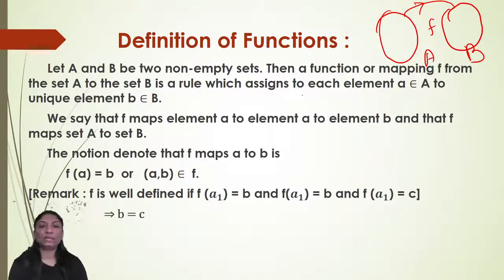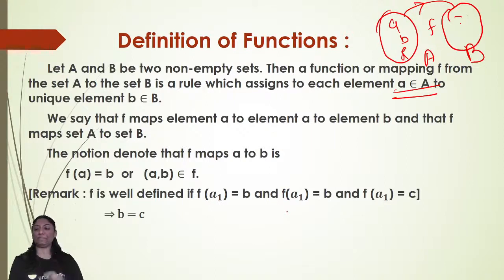We say that the mapping f from the set A to the set B is a rule which assigns to each element a in A a unique element b in B. It means every element of set A has a unique image in set B, and every element must have an image in set B. The notation to denote that f maps A to B is f of a is equal to b.